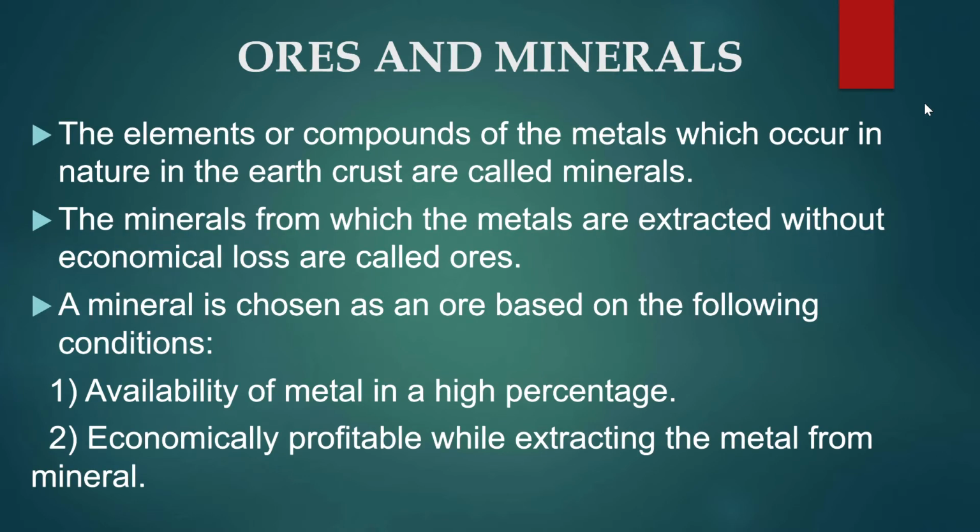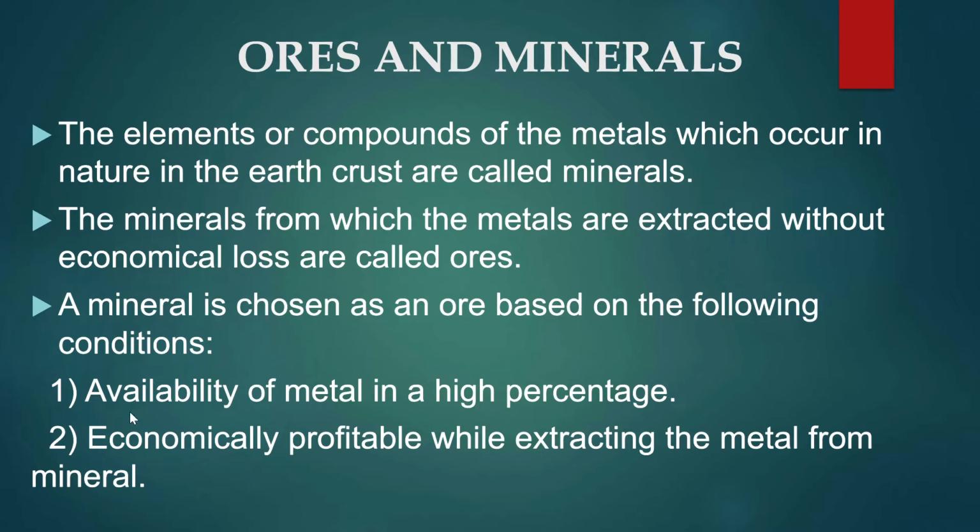Coming to ores and minerals, the elements or compounds of the metals which occur in nature in the earth's crust are called as minerals. The minerals from which the metals are extracted without economical loss are called as ores. And a mineral is chosen as an ore based on the following conditions.